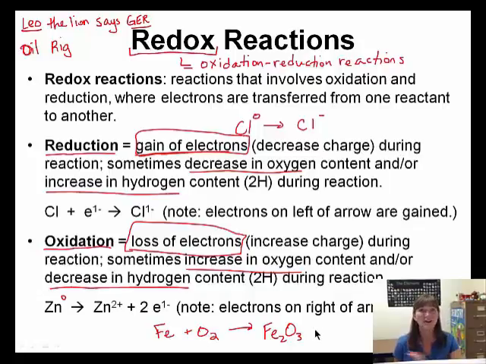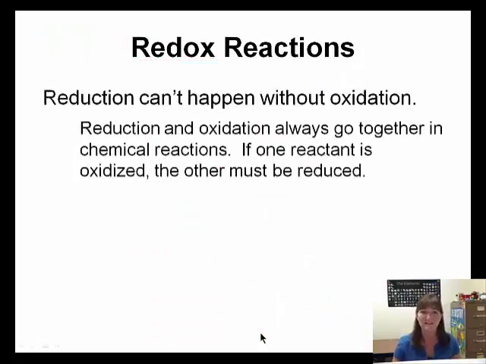So that was all I needed to memorize to get all the rest of these correct, because if oxidation is either gaining oxygen or losing hydrogen, then reduction is just the opposite of that. Reduction would be losing oxygen or gaining hydrogen. So just focusing on that rusting equation helped me remember the rest of those.